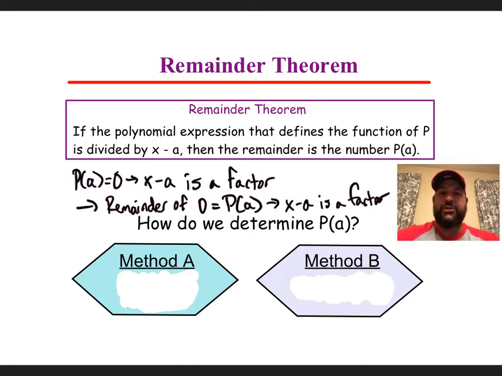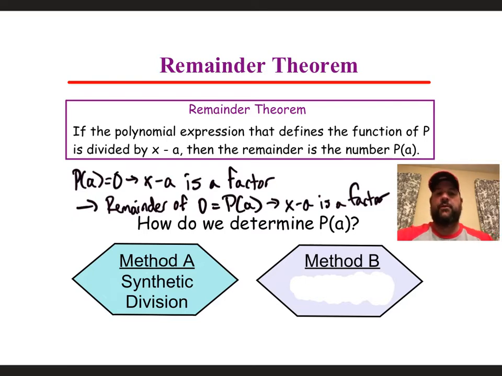Because by division, we would use, in this case, the method that we talked about before, which was synthetic division. So I could just go through and take x minus a, take that a value, do synthetic division, determine if it's a factor. But pairing the remainder theorem with the factor theorem, I actually could also use substitution to help me figure out whether a linear binomial is a factor.